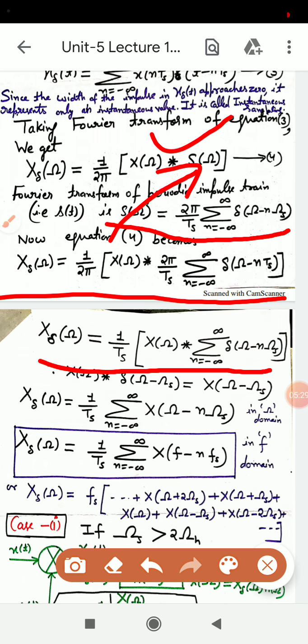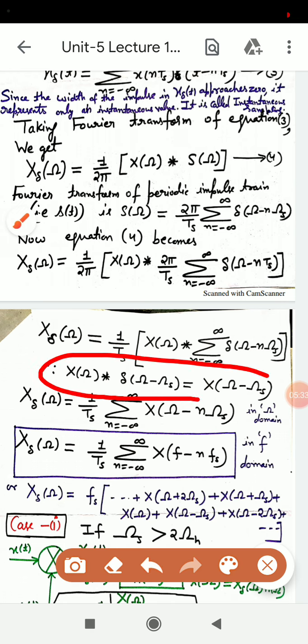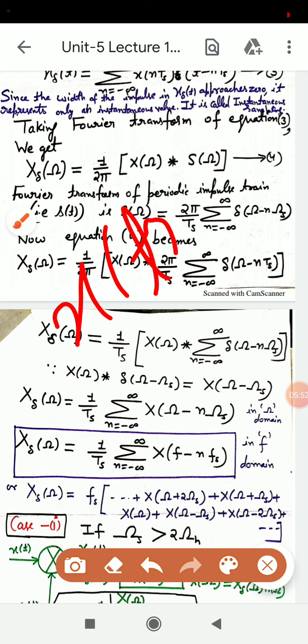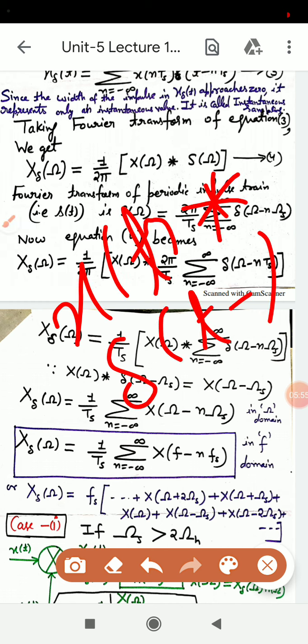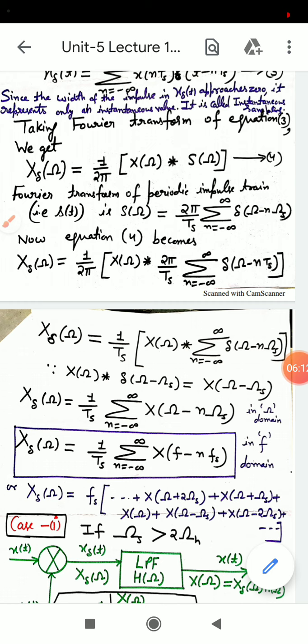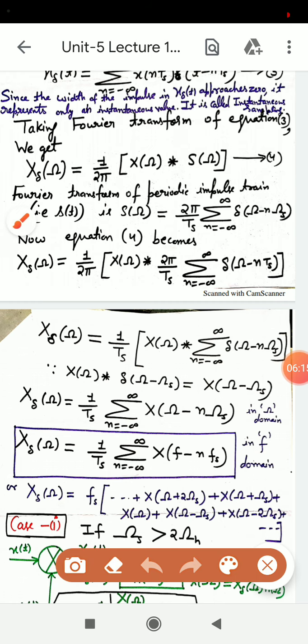We know the property: S(omega) convolved with delta gives X(omega minus omega s). We know x(t) convolved with delta(t minus t0) is equal to x(t minus t0). So we use this property either in the frequency domain or in the time domain, and we have used it here.